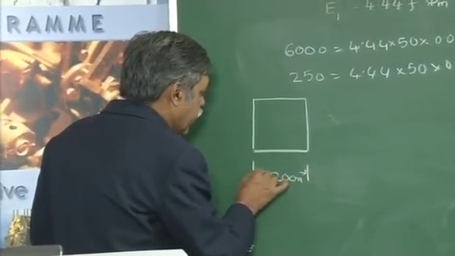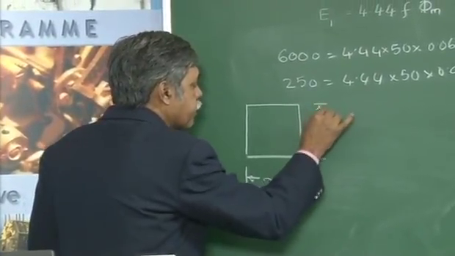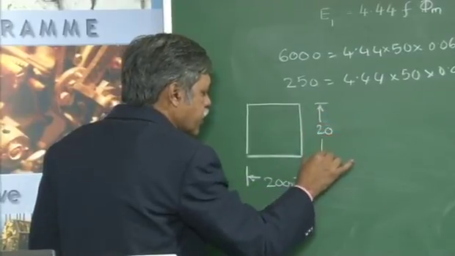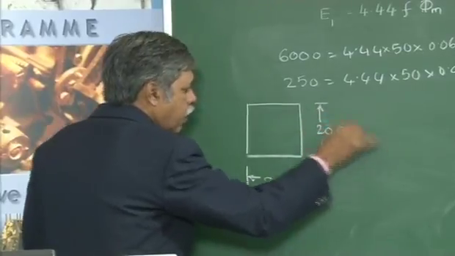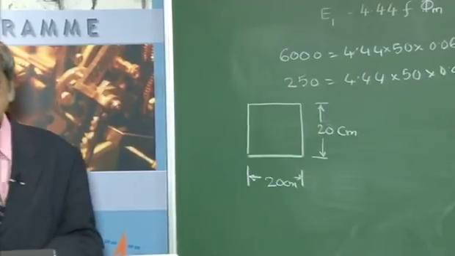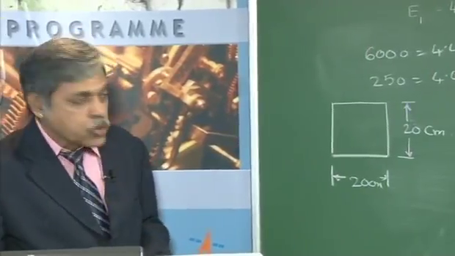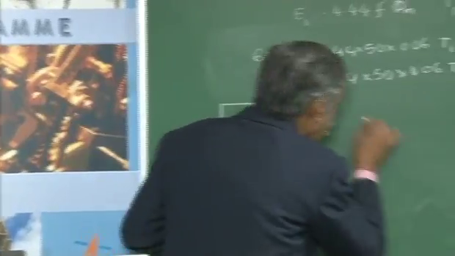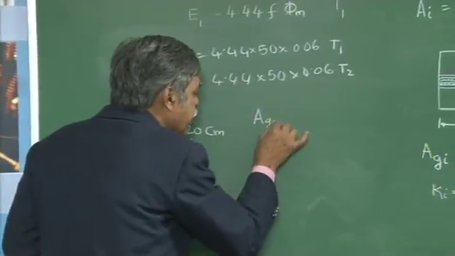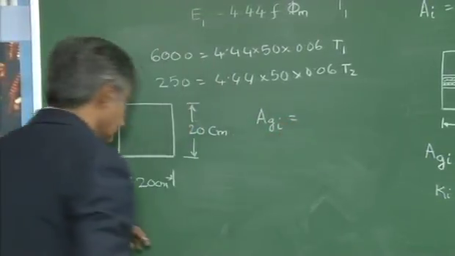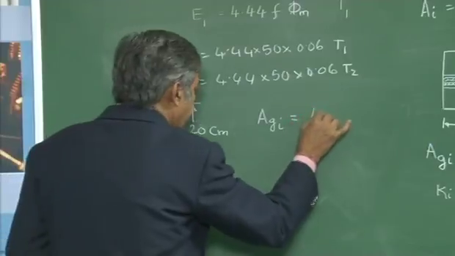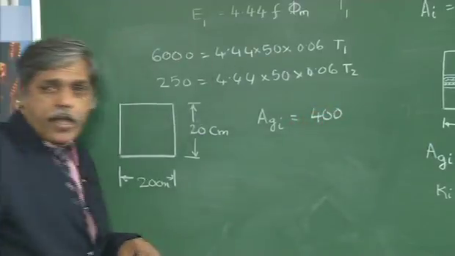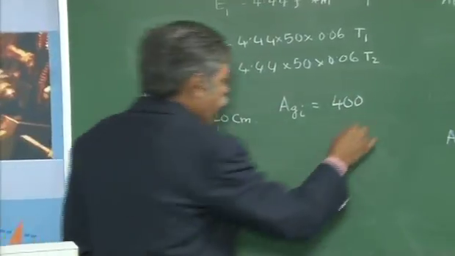So when this is 20, this is also 20, because the cross section is square. So 20 by 20 will give you, as I told you, the gross area Agi. 20 into 20, I will be getting 400 centimeter square.